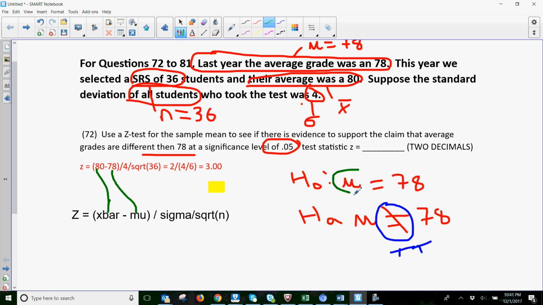We get that from over here. Okay, the standard deviation is 4. Okay, so that comes from over here. And square root of 36, that comes from n. Okay. And so when we take 80 minus 78, we get 2. And then square root of 36 is 6. So we get 2 divided by 4 divided by 6, we get 3.00.